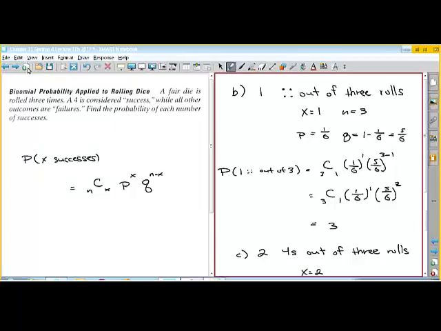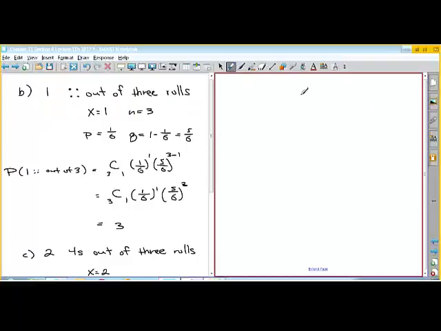One way to remember that is Pascal's triangle. If you draw out Pascal's triangle, the outside are always ones, and then the next term in is always the number of the row it is. Because you always have 1 plus 3 is 4, 1 plus 4 is 5, so it continues on down like that.